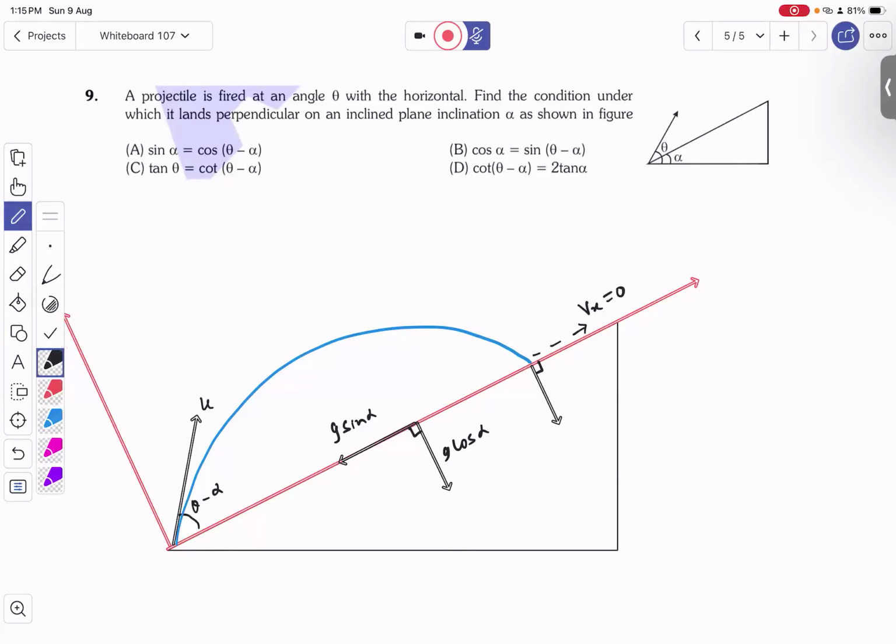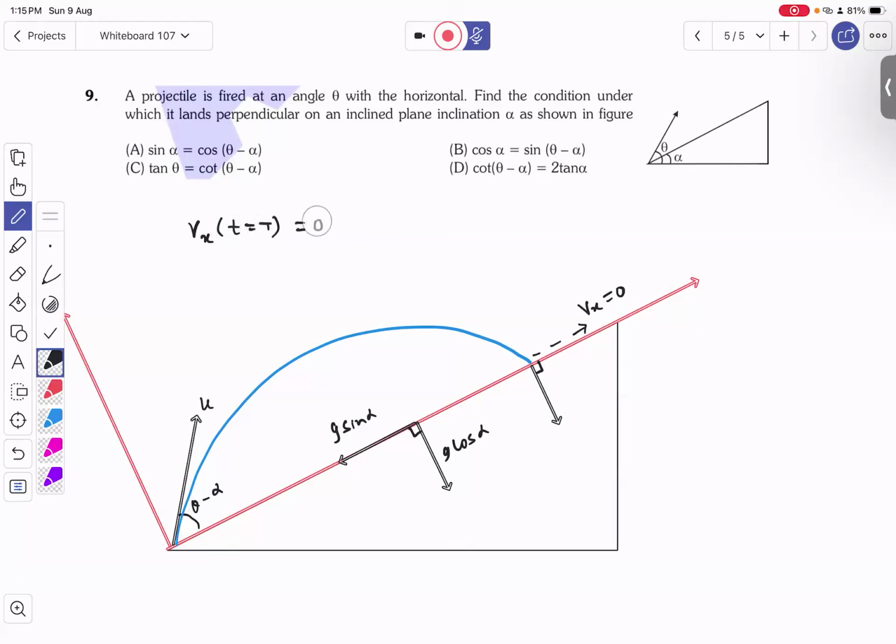Only then, no? If the velocity along x is not 0, it will end up making some angle with the inclined plane which is not going to be 90. So the velocity along x is 0, but at which time? When it hits the inclined plane, when time is equal to capital T.